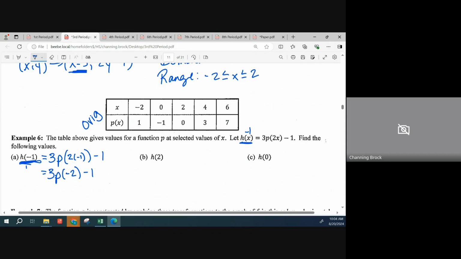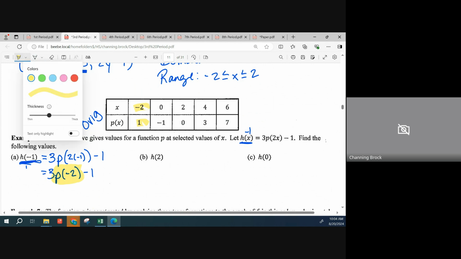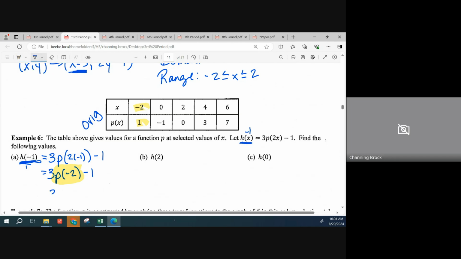That's why we have the table. If we're just looking for this value right here, what is that saying? When x is -2, the y value is 1. So I can replace p of -2 with a 1.